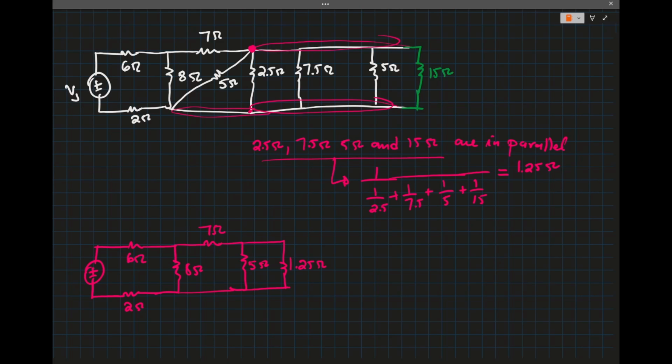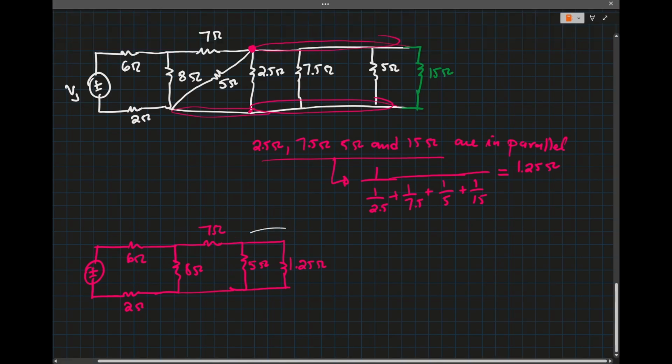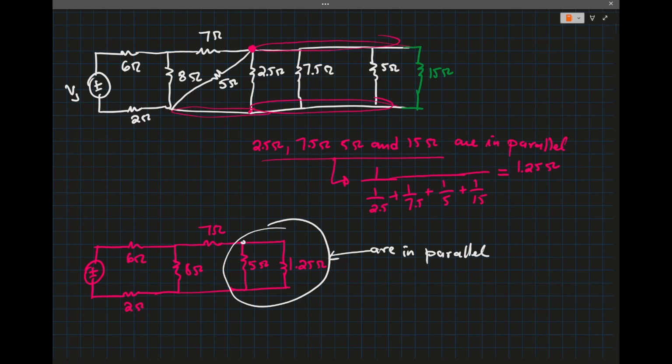So I can combine this and this. The 5 and the 1.25 are in parallel because they share these 2 common nodes. So let's calculate that.